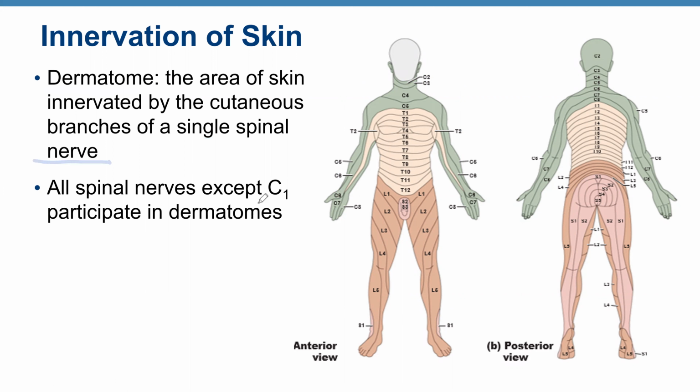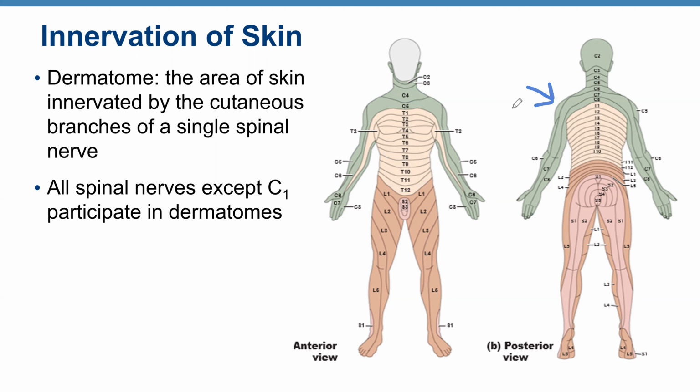All spinal nerves except C1 participate in dermatomes. So if you look over here, this part of the skin is innervated by C2. So if a patient doesn't have sensation in this area, you know C2 is damaged. This is C4. This is, for example, T8. This is T12. This is L4.